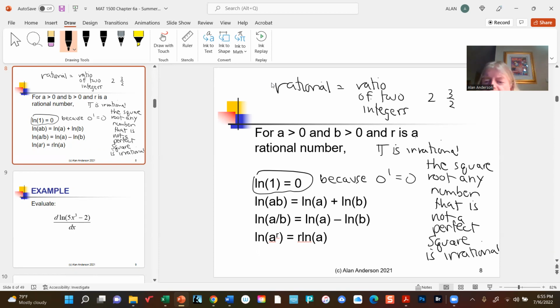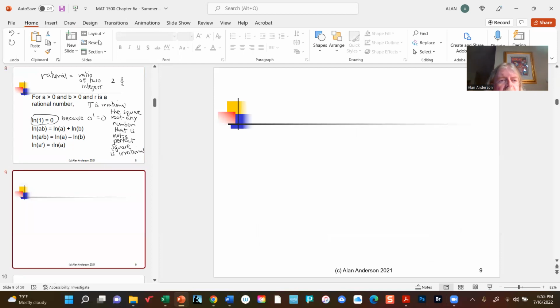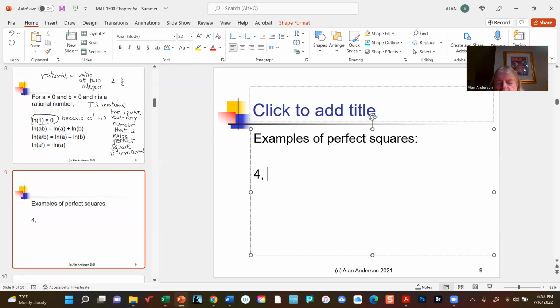So just a quick reminder, a perfect square simply means a number whose square root is an integer. So in other words, numbers like, just quickly throw out a few examples here, let's say 4, 9, 16, 25, 36. What do they all have in common? The square root of each of these numbers is an integer.